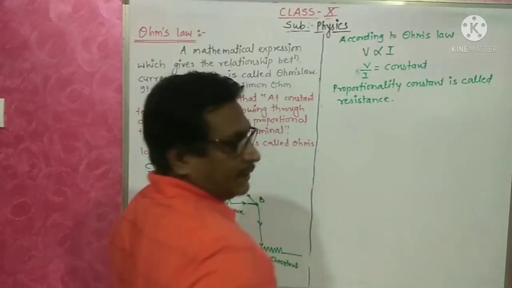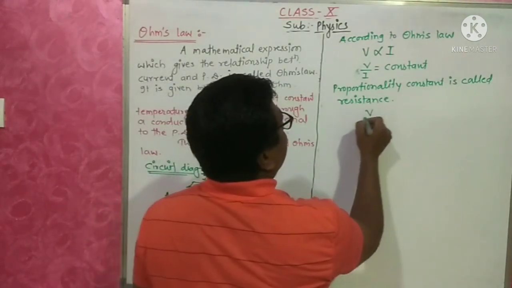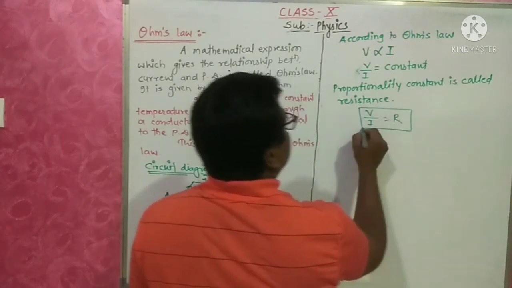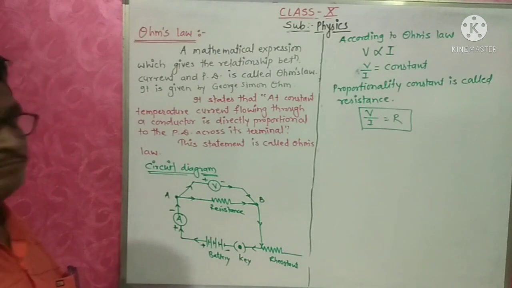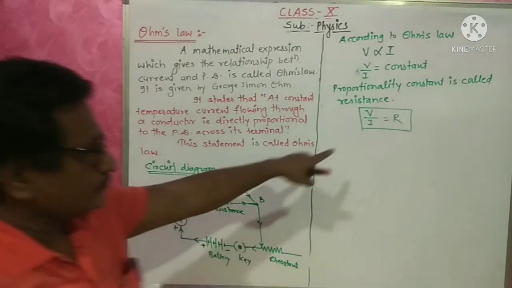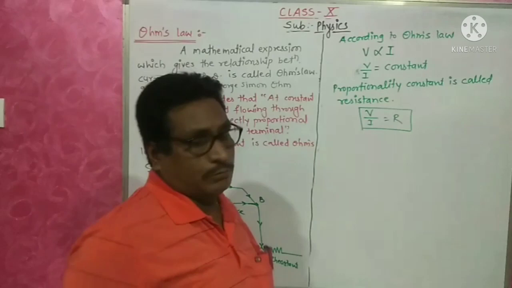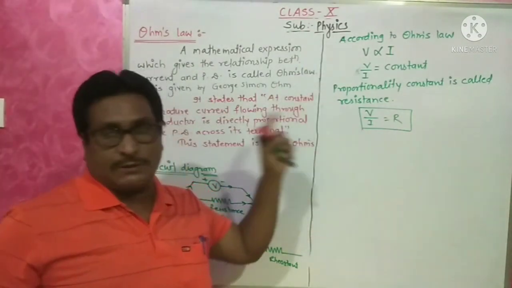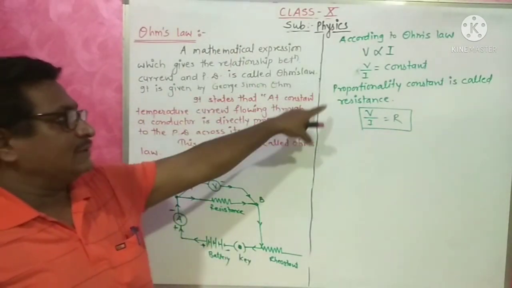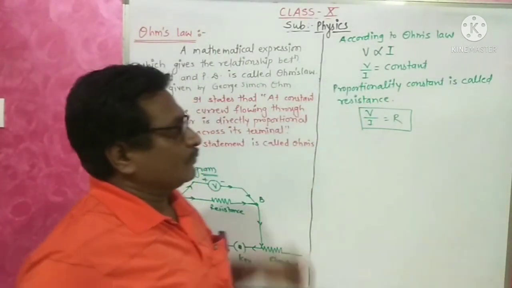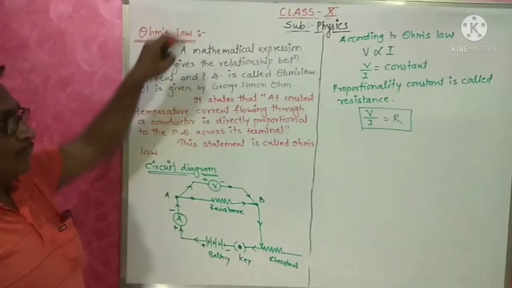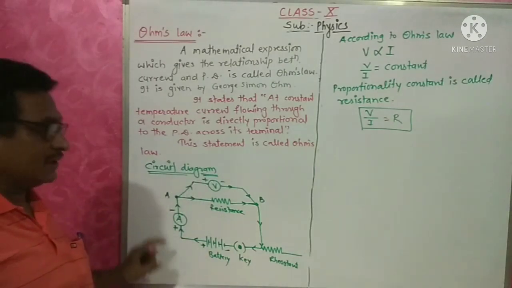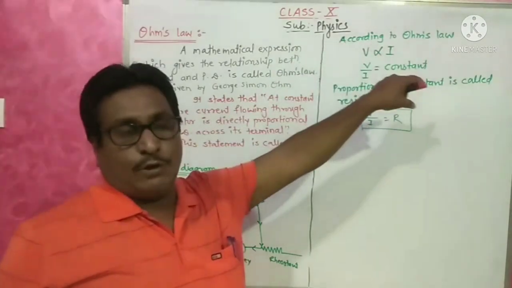So V by I equals R. This is the mathematical expression for Ohm's law. Understood how to derive it? Hope you understand, students, what Ohm's law is and how to write the definition, law, circuit diagram and derivation.